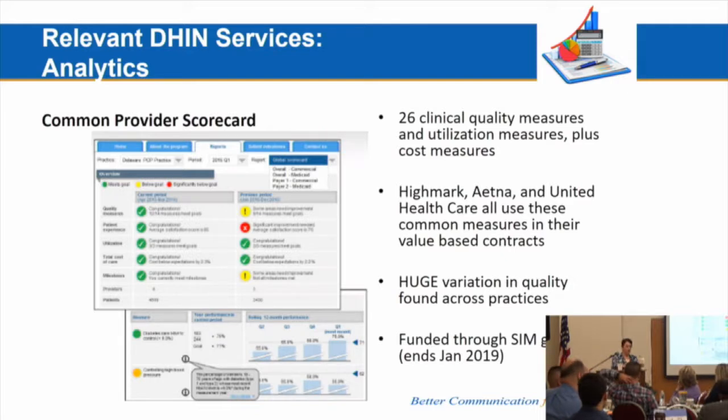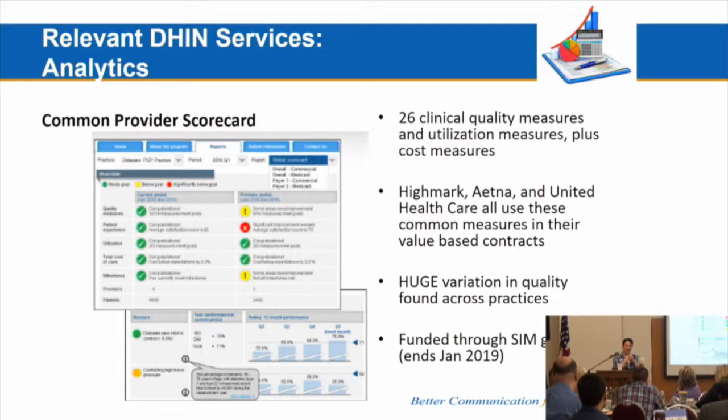So, a lot of work, a lot of conversations, came up with now 26 measures that are a combination of clinical quality measures and utilization measures, and then there's some cost of care measures also added on to this. And we got the major payers in Delaware to agree that in their value-based contracts, they would use those measures. That was a major achievement in and of itself.